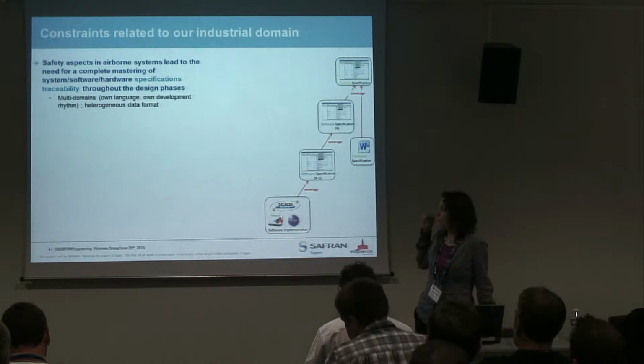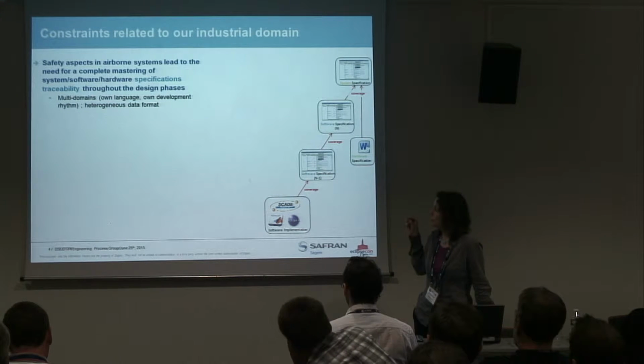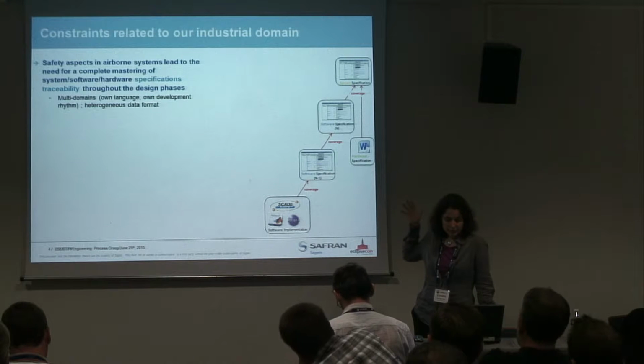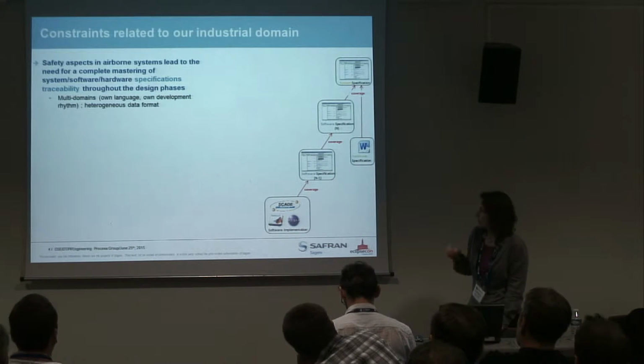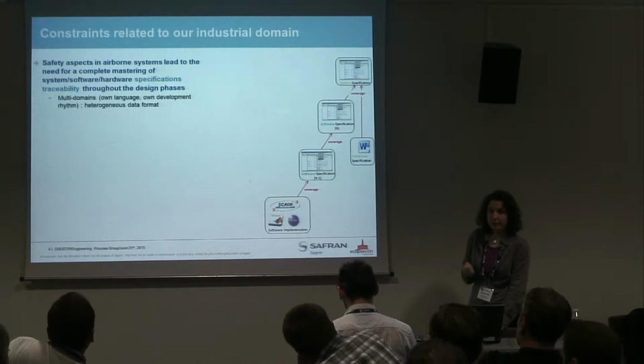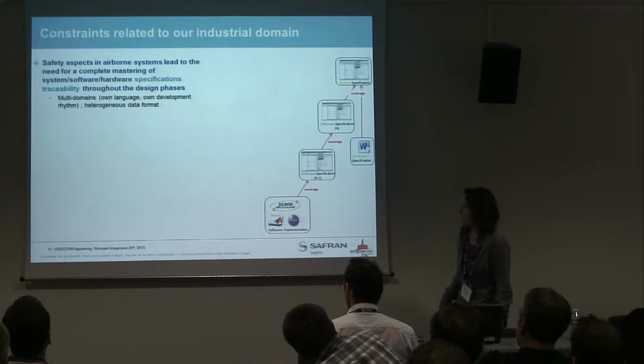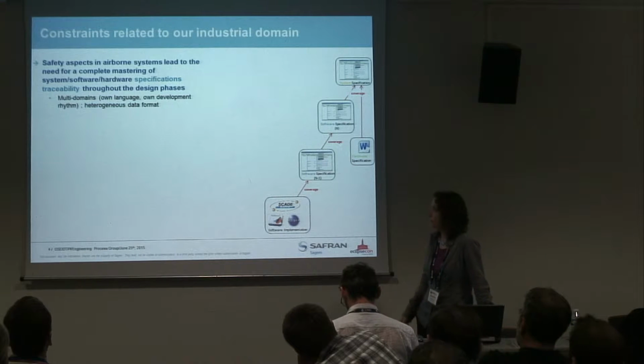So just a few slides to set up the main constraints of our industrial context. The safety constraints are really prescriptive and mandatory for us because we are developing aircraft software, so that's a key point.